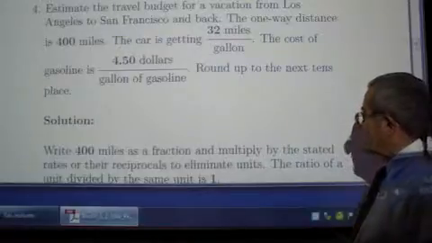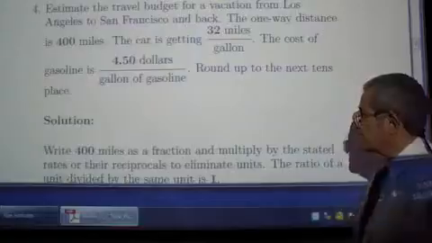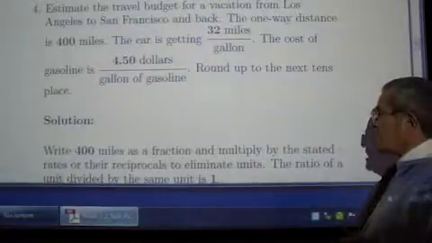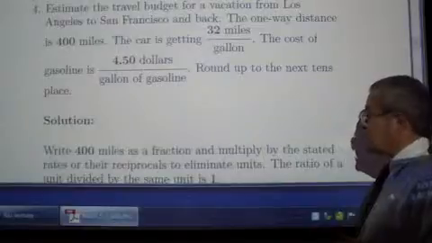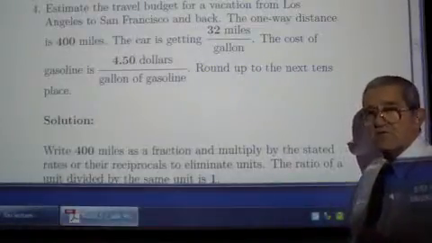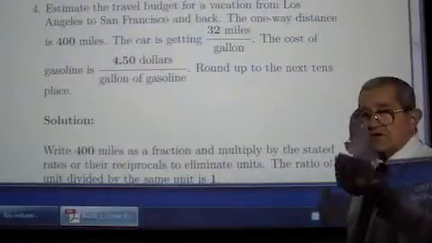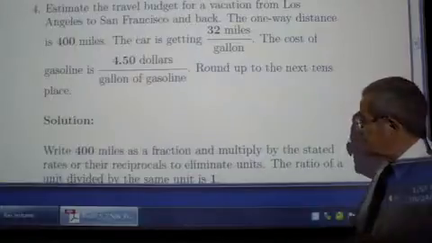It's a budget, so you want to make sure you get enough money to do the trip. Write 400 miles as a fraction, so 400 over 1, and multiply the stated rates or their reciprocals to eliminate units. Okay? To find the answer, we want to play with units. We want to have unit over the same unit to make the units drop out, if that is possible.